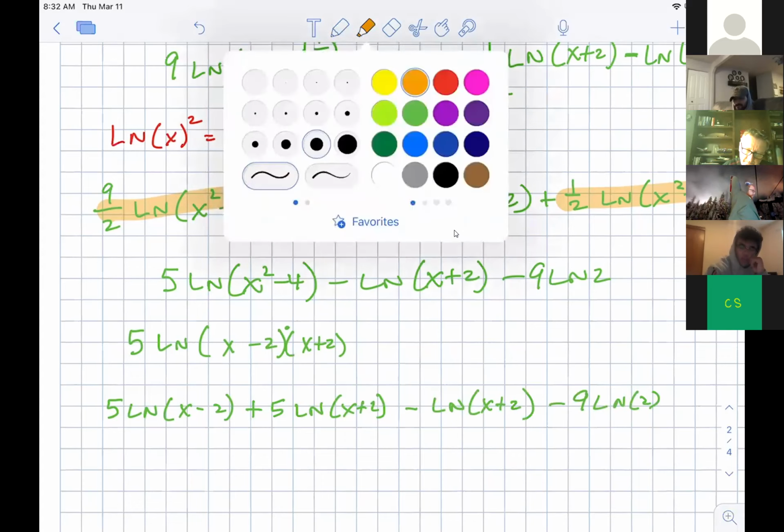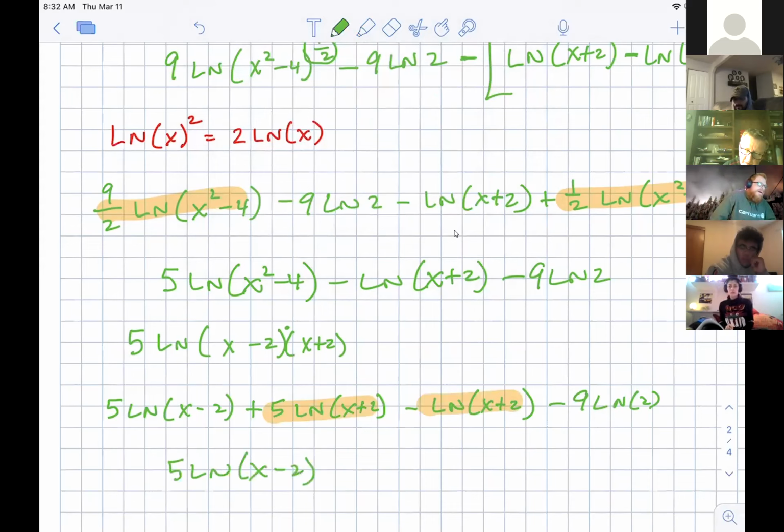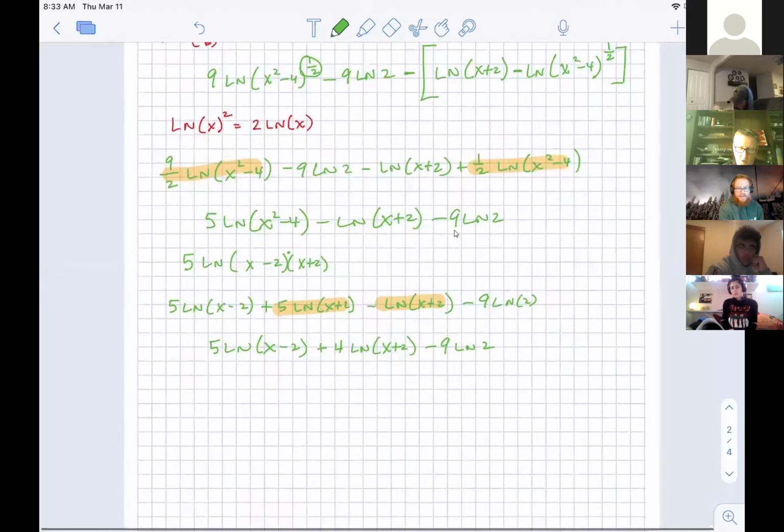Hey, look, these are the same. Now what's my answer? 5 natural log of x minus 2. If I have 5 of these highlighted minus 1 of them, don't I have 4 of them? Whoa.